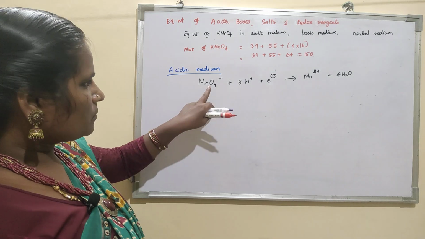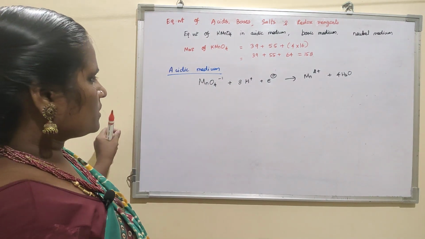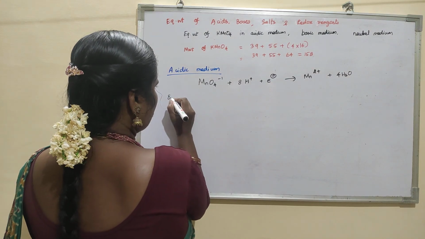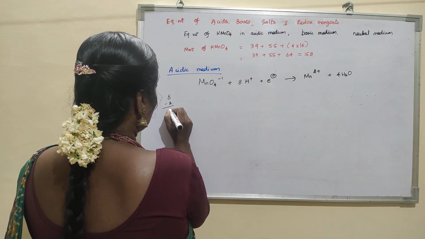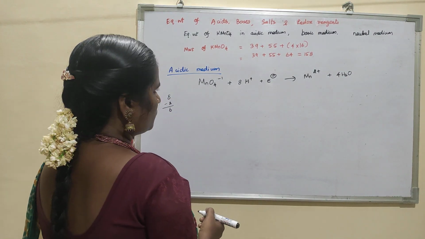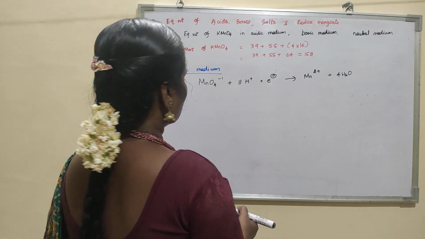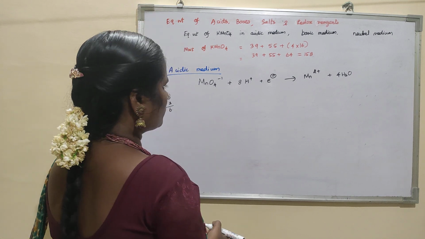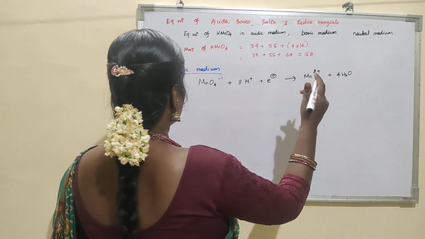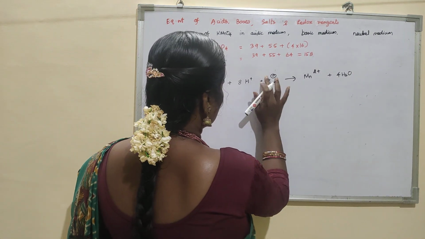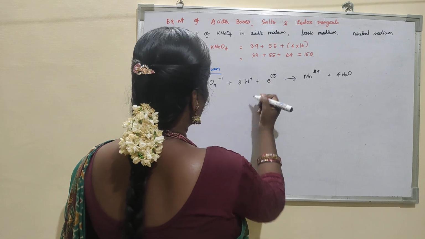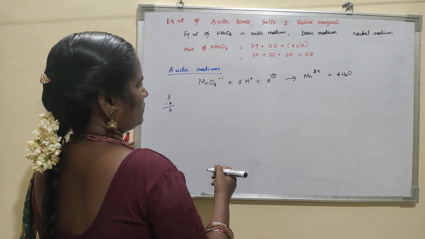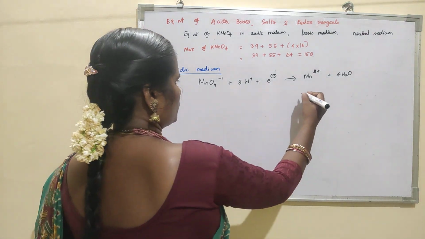So when you sum it up, how much charge is it coming? It is coming as 8 plus minus 1, so totally 7 charges, and on this side what you have is only plus 2.